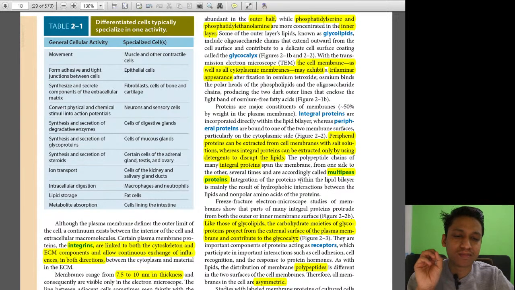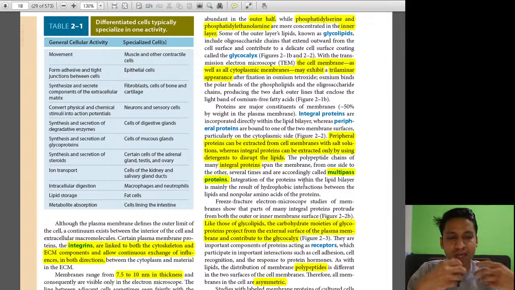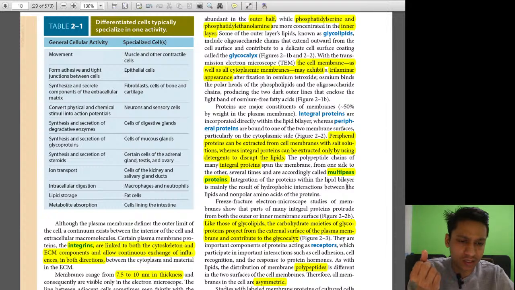Integration of the proteins within the lipid bilayer is mainly the result of hydrophobic interactions between the lipids and non-polar amino acids of the protein. Understood, we need hydrophobic interaction. I think that is why the concept of an amphipathic plasma membrane makes sense, to hold the proteins in their place.